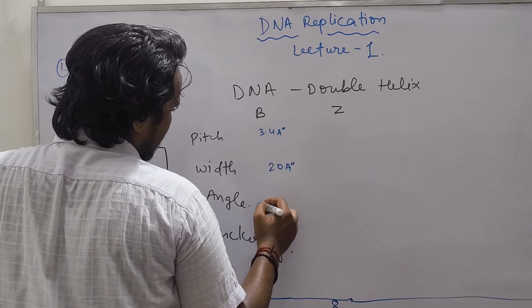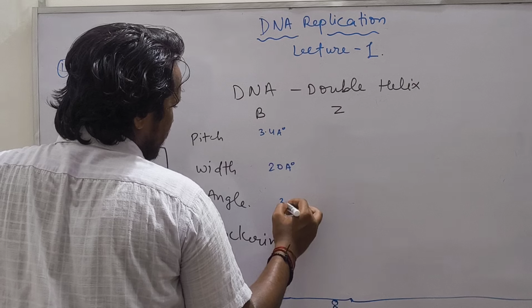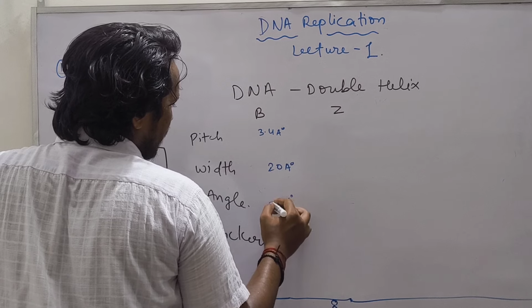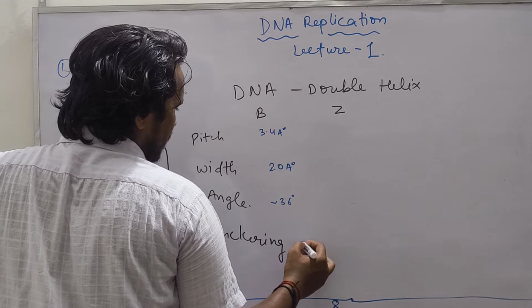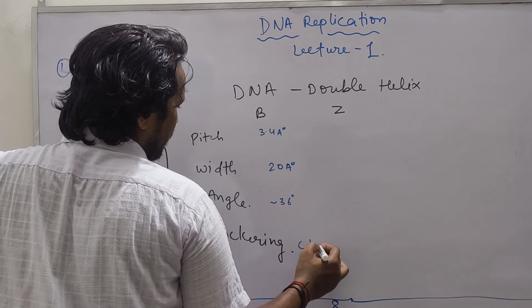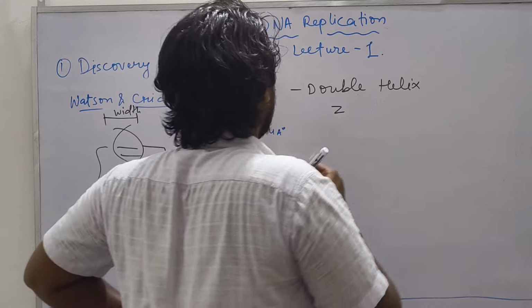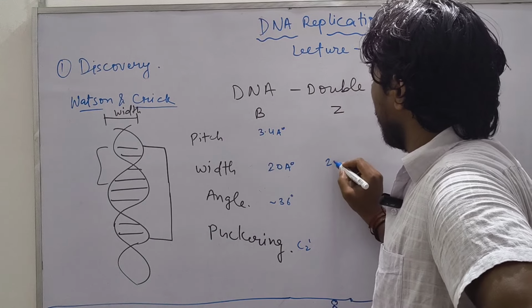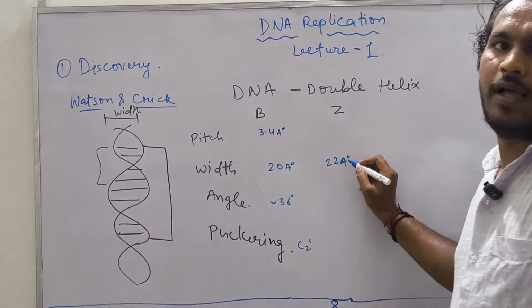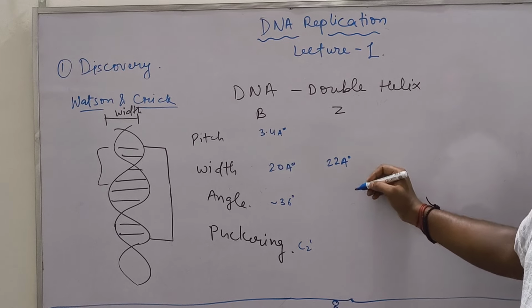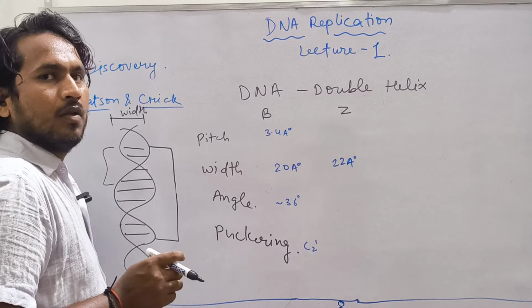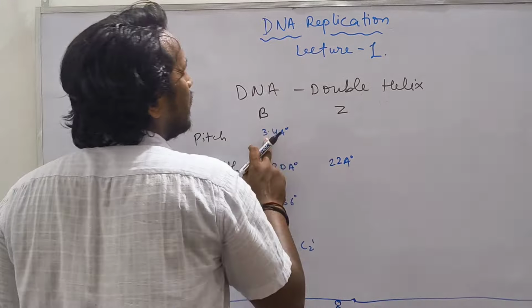Let me see again. The angle is around 36 degrees approximately, and the puckering is C2 prime puckering. Z-DNA's width is around 22 angstrom, and this is 30.